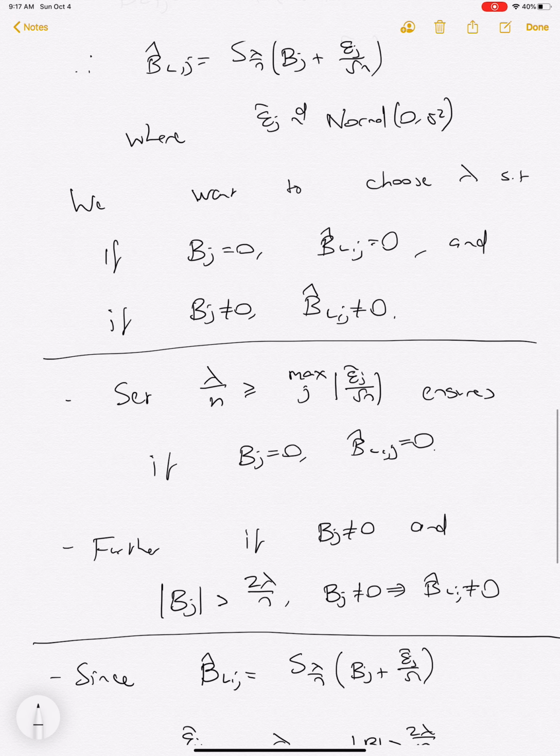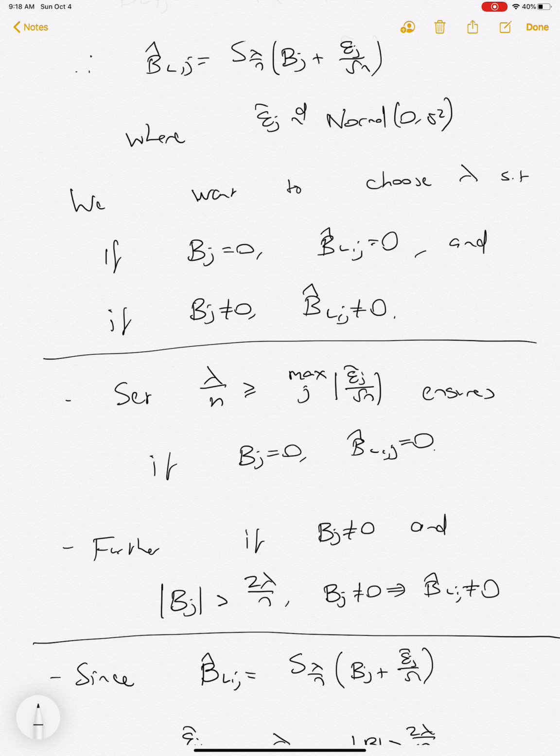We want to choose lambda such that if bj is 0, your estimate b hat lj is also 0. And we also want to choose it so that if bj is not 0, then b hat lj is not 0. The way we end up choosing that is you want lambda to be bigger than the maximum kind of noise value of this epsilon tilde j over square root of n.